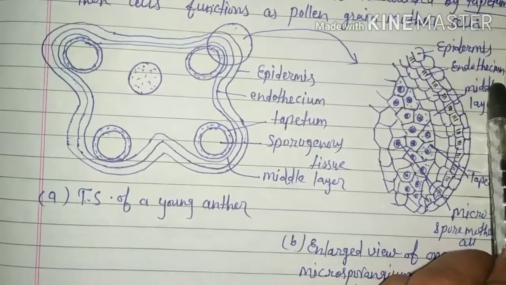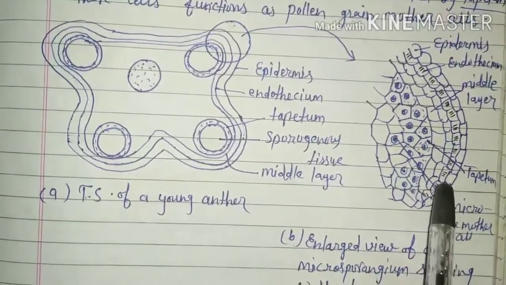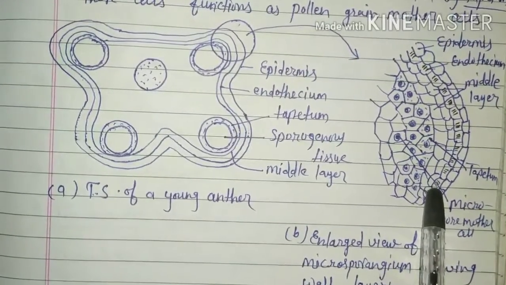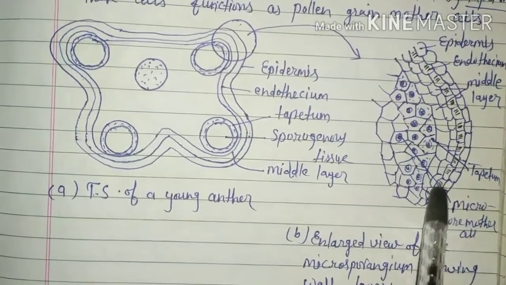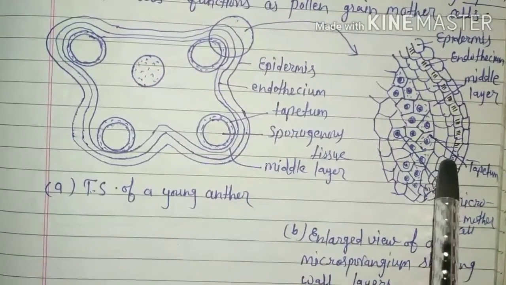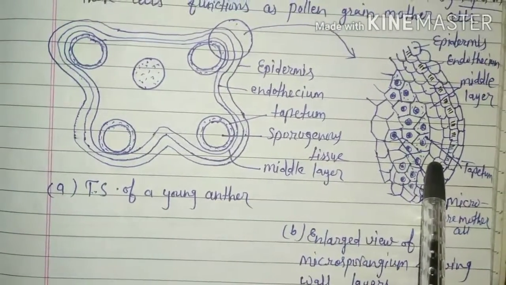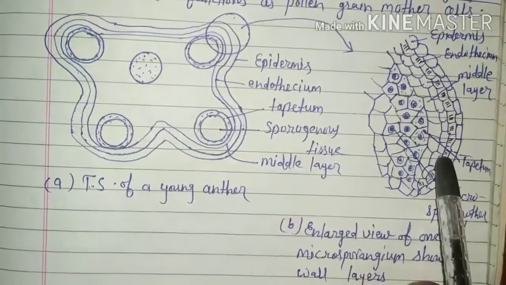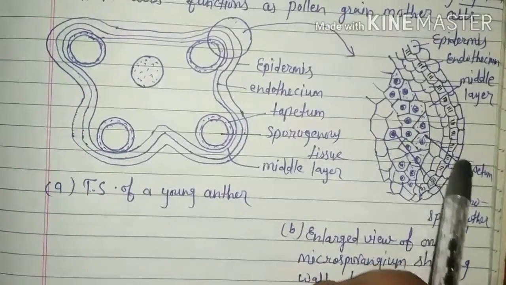Function of endothecium is in dehiscence of anther at the maturity stage of pollen grains. Below the endothecium, 2 to 3 middle layers are found which provide only support.